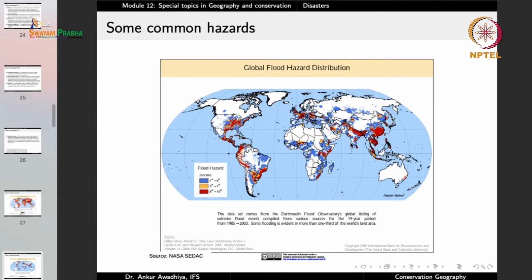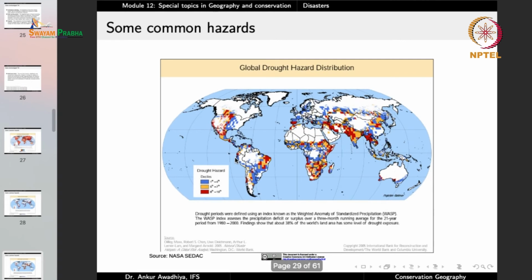Then we also have certain other patches in Maharashtra and Gujarat where the amount of flood hazard is very high. At the global level, we have high flood hazards in Eastern Asia, Europe, certain parts of Africa, western parts of South America, and eastern parts of the US.